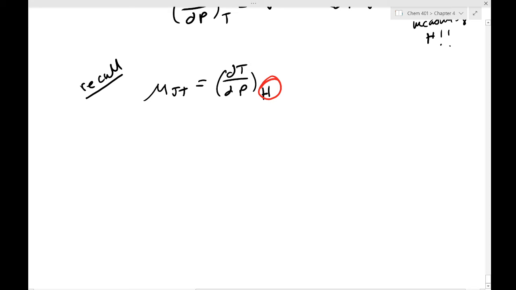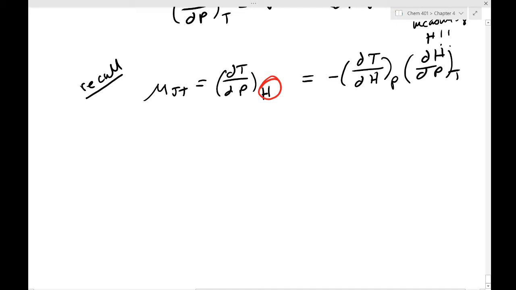If we apply the cyclic rule of partial derivatives, this is also equal to the partial of T with respect to H at constant pressure times the partial of H with respect to P at constant temperature.